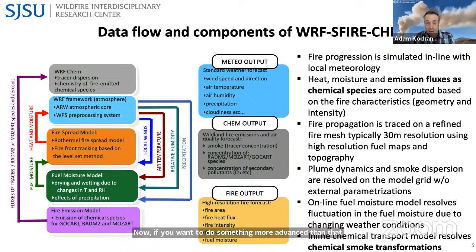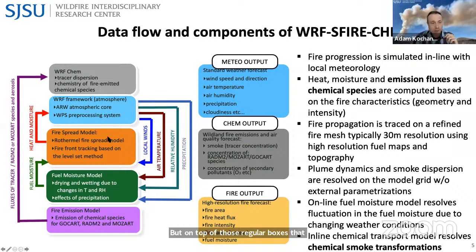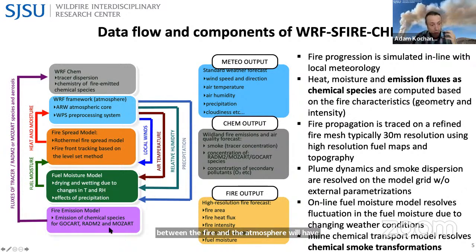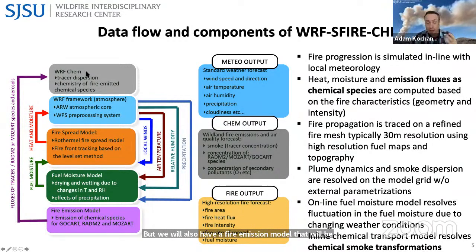Now, if you want to do something more advanced than that, you can also use coupling with WRF-Chem. In this case, the structure is going to be very similar, but on top of those regular boxes that you saw before in the regular WRF-Fire or in WRF-SFIRE, you will also have WRF-Chem. So basically, we will have interactions between the fire and the atmosphere, and between the atmosphere and the fuel moisture, but we will also have a fire emission model computing emissions, and those emissions will be fed to WRF-Chem, and WRF-Chem will be integrated with WRF.